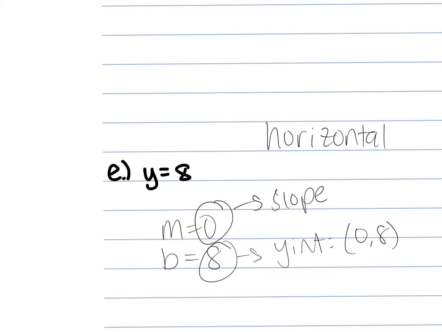David, if my slope was undefined, what kind of line would it be? Very good. It's a vertical line. Okay? Remember, horizontal, your slope is going to be 0. Vertical, your slope is going to be undefined.